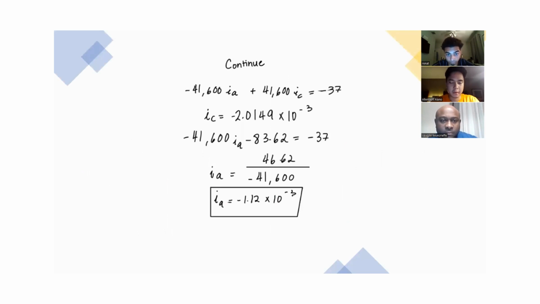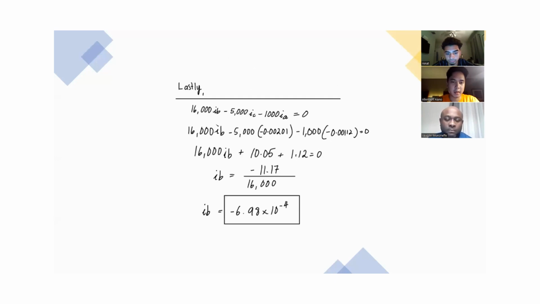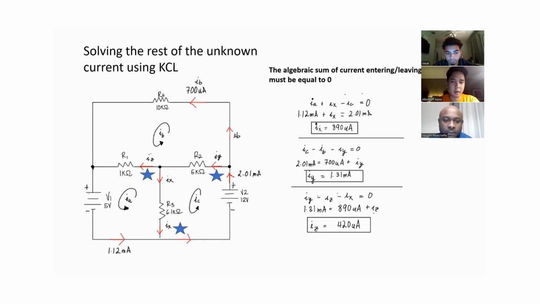Continue moving forward. After solving the problem using the addition and elimination method, we get IA, and then lastly IB. Now that we have all the currents, we can do KCL.